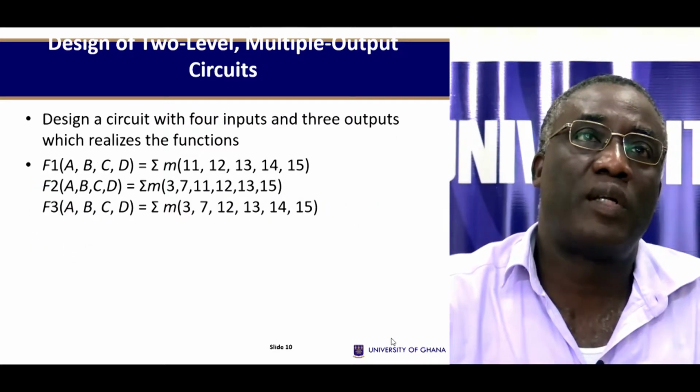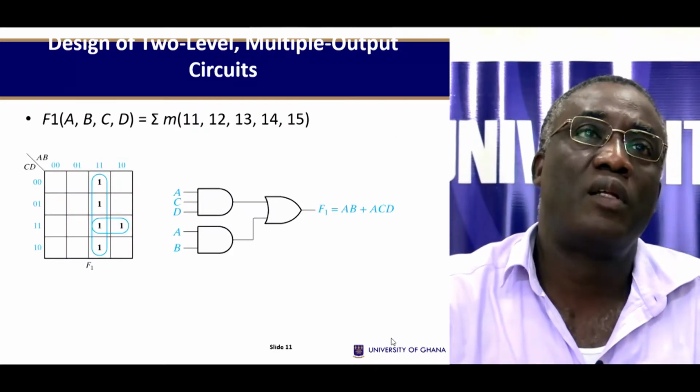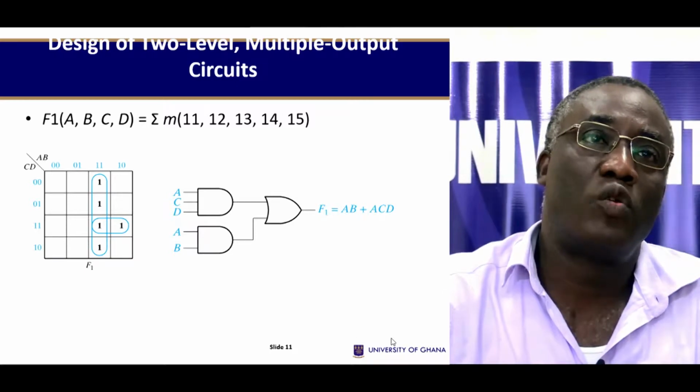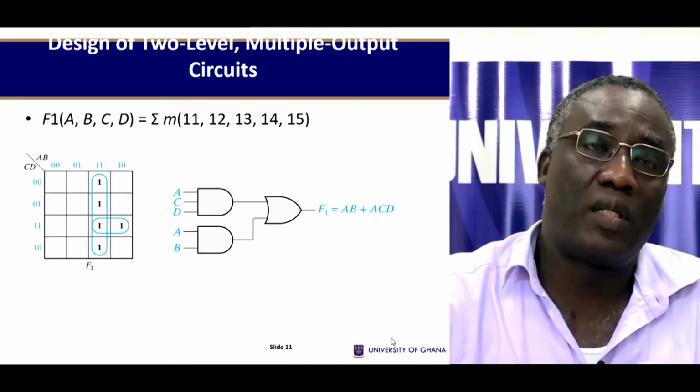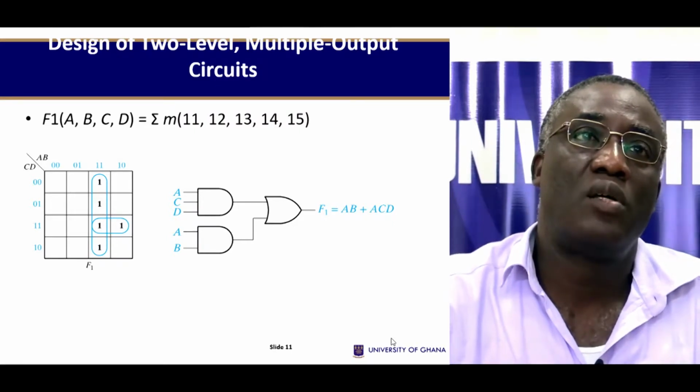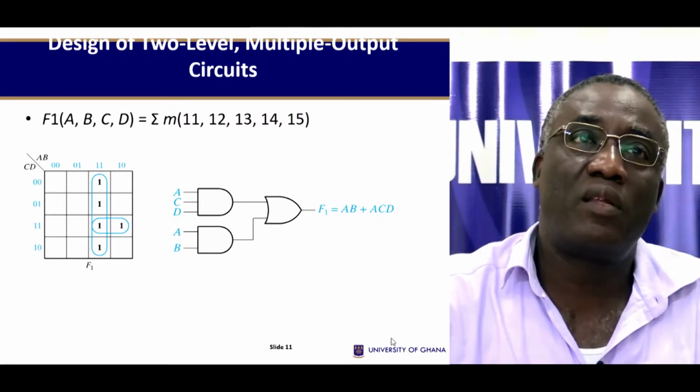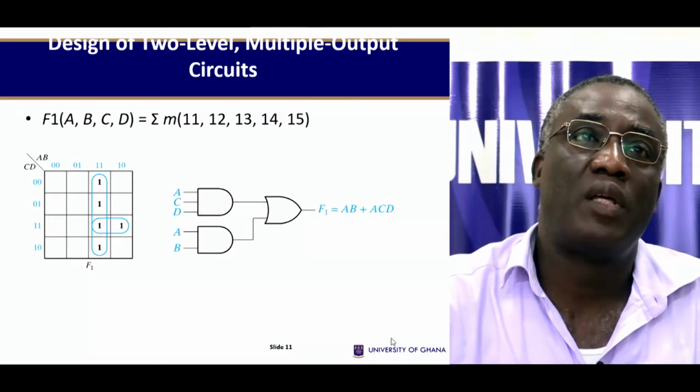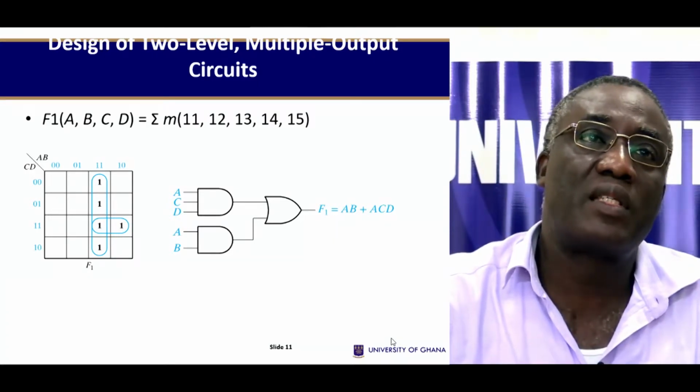For F1, when you put them on a Karnaugh map, this is what you get. So you can then write out the functions for each one of them.